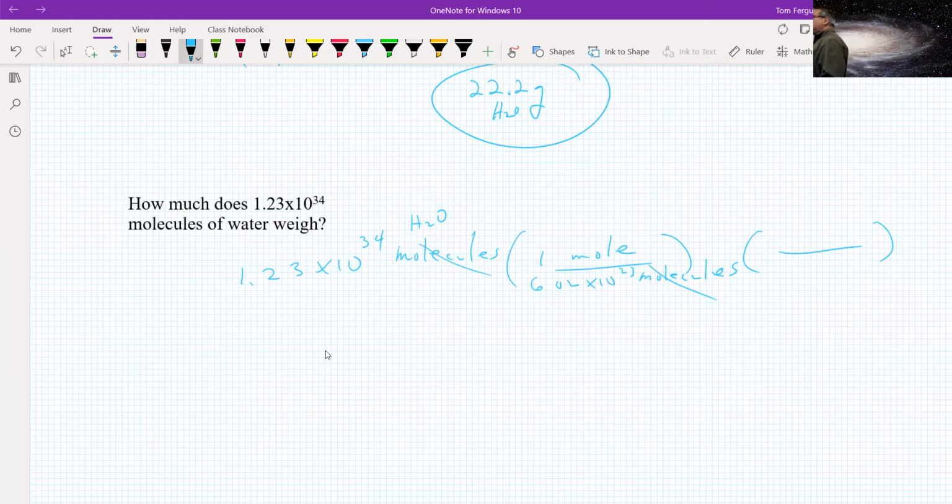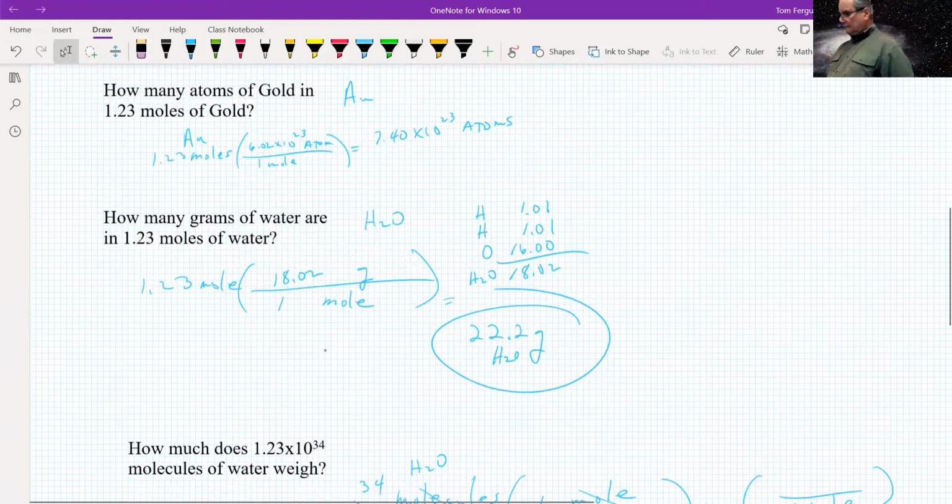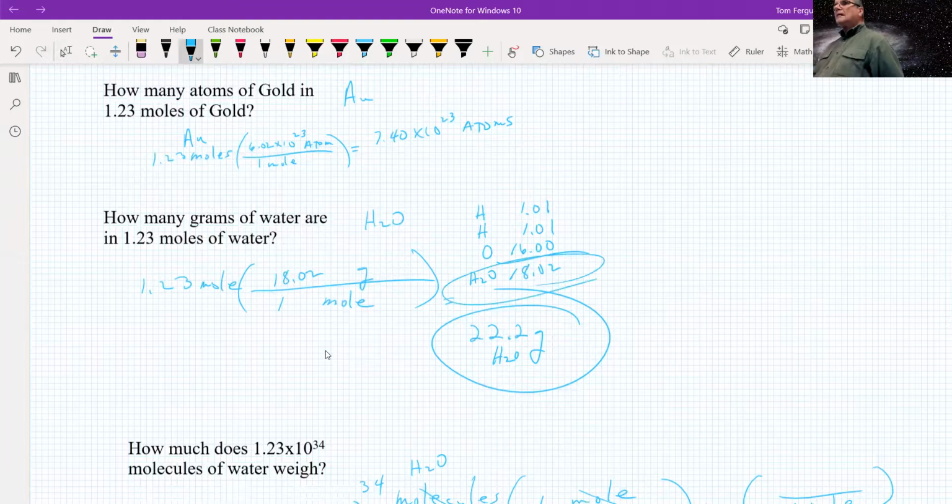We want grams of water. What do we need to use? Now, of course, moles have got to cancel. How many grams are in 1 mole of water? 18.02. 2 hydrogens and an oxygen: 1.01, 1.01, 16 add up to 18.02.